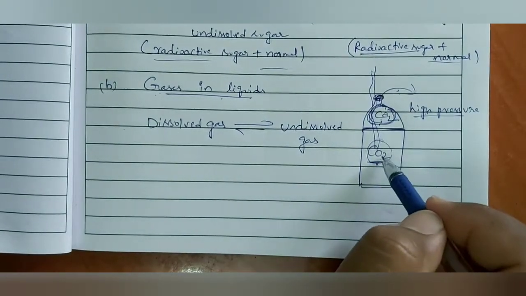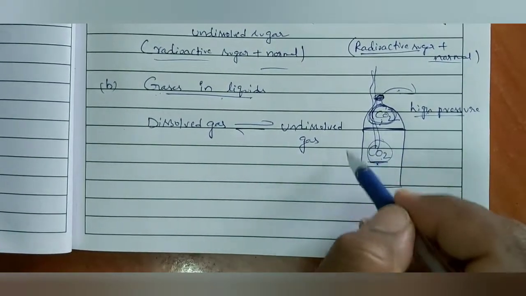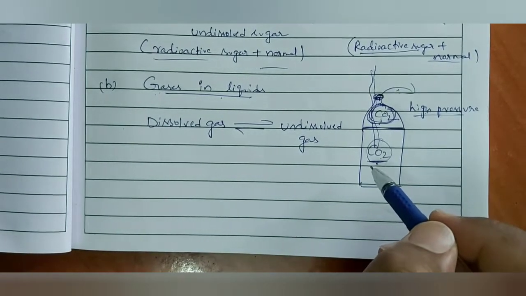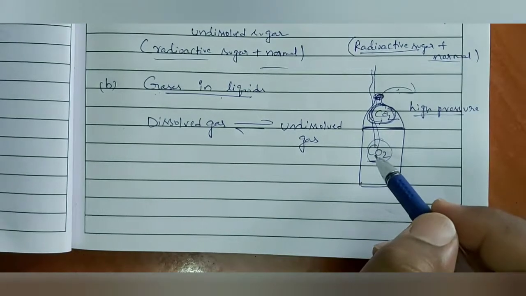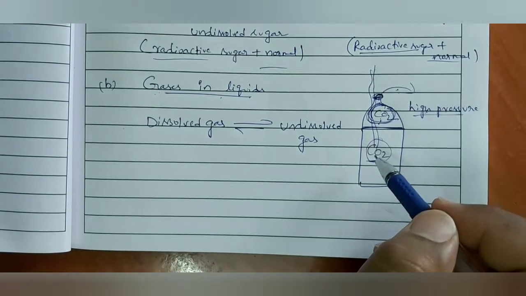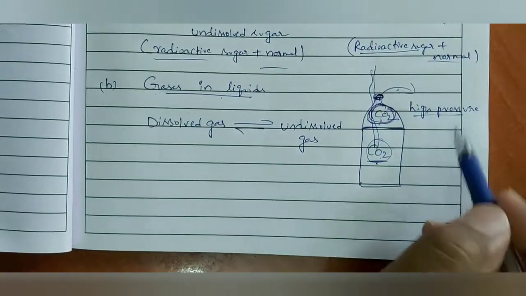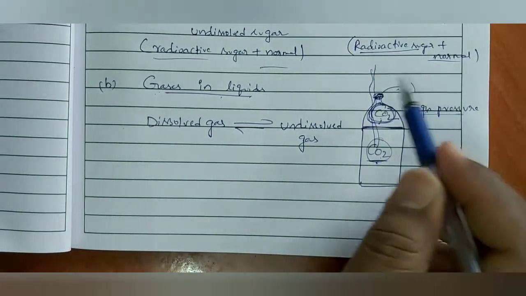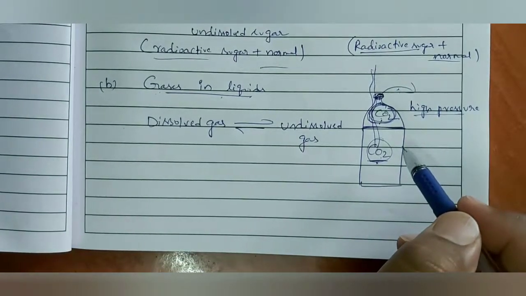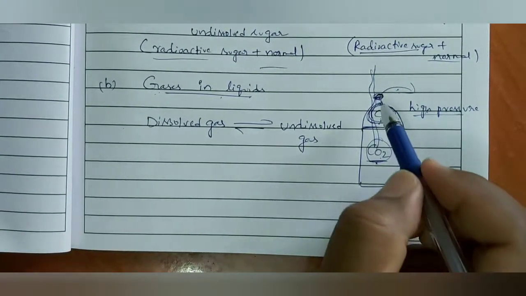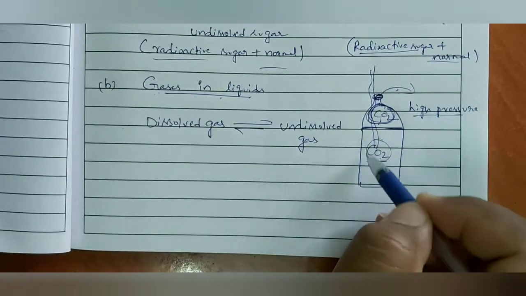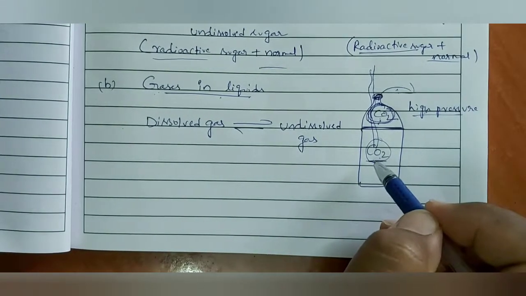Solubility of gases in liquids will be more. This particularly we will study in the solutions concept in 12th class, chapter two, solutions, volume 1, where the solubility of gases in liquids we will study deeply. Now simply I am telling here, at high pressure more amount of gas will be soluble in liquid.